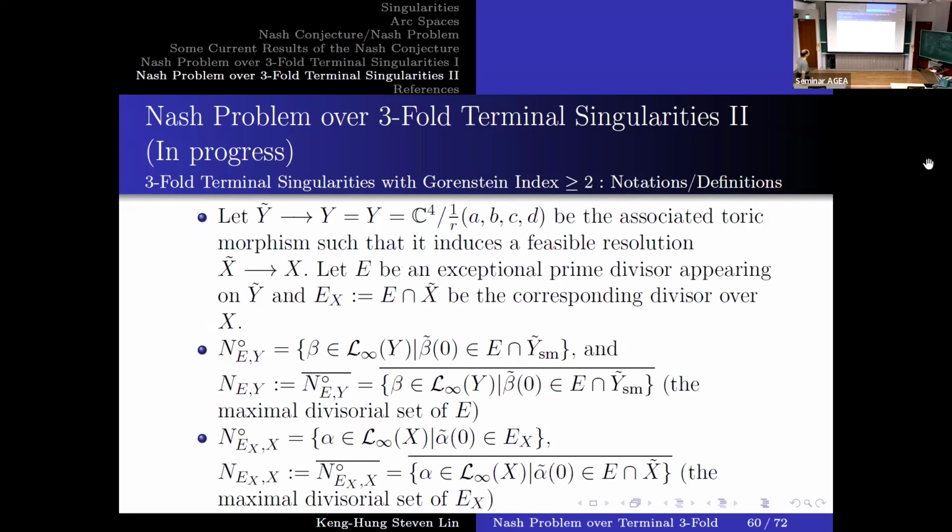Consider this scenario. Consider the feasible resolution \tilde{Y} to Y, the associated homomorphism such that it induces a feasible resolution of X, and let E be an exceptional divisor appearing on \tilde{Y}, and E_X to be the strict transform onto the feasible resolution.